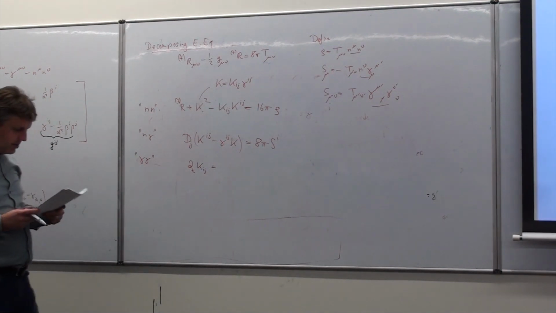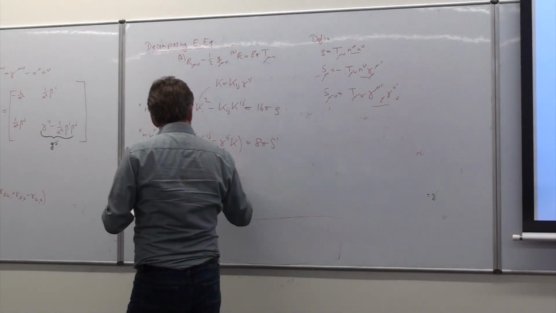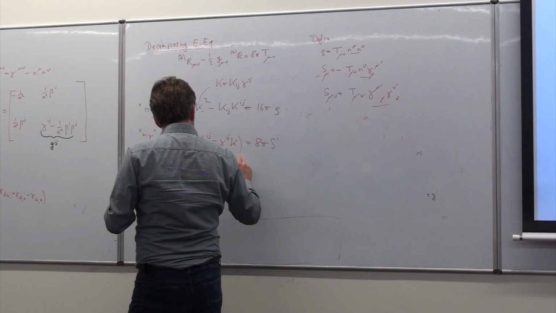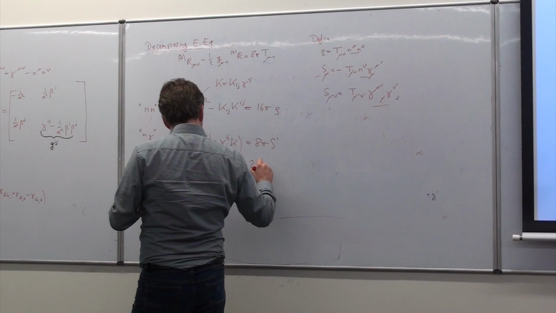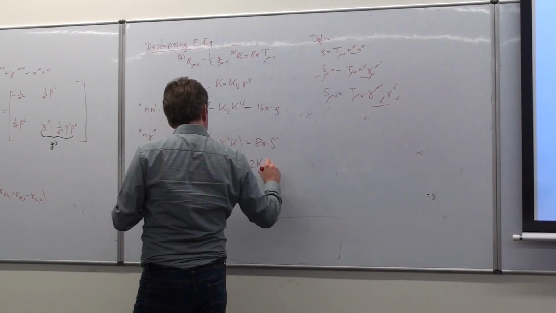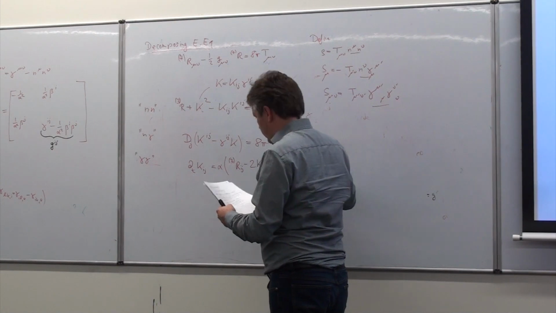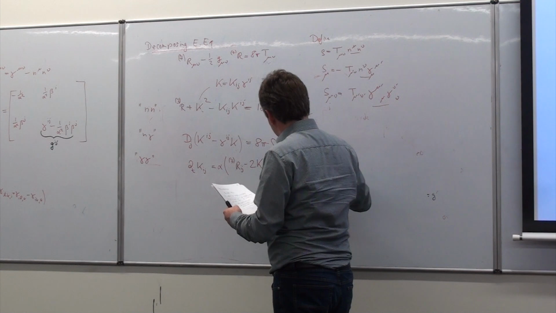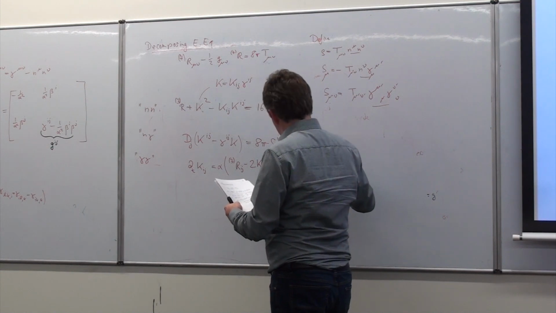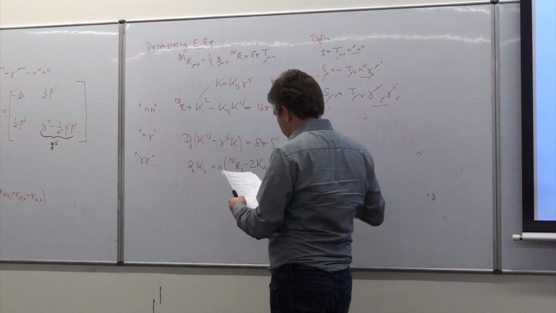And the right-hand side here is quite nasty. It's alpha times the three-dimensional R_ij minus 2 K_ik K^k_j plus K K_ij minus D_i D_j alpha.